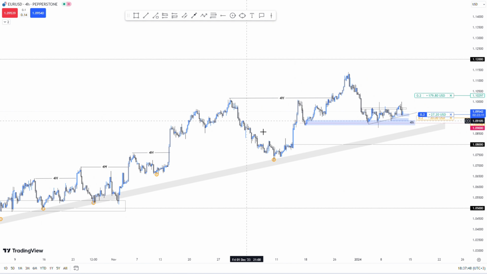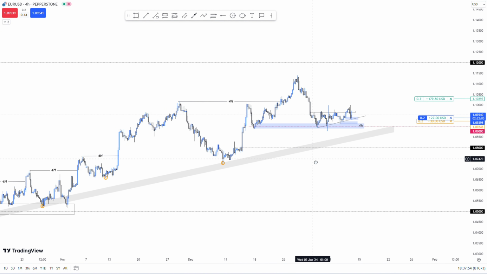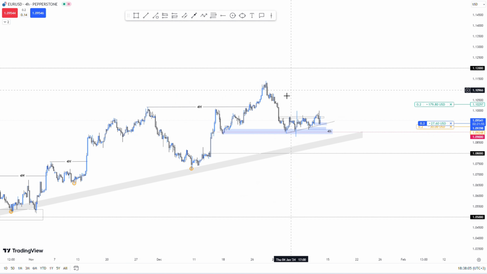From here, we'll go to a lower time frame so that we can get a deeper detail of the market. In this case, we'll go to the 1 hour time frame and see how price reacted to this demand zone, and from there we can make a decision on what to do or if there is any setup.